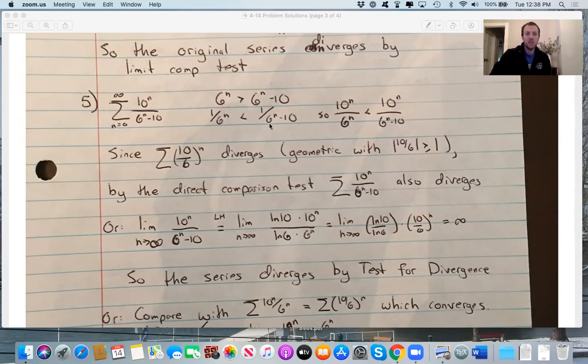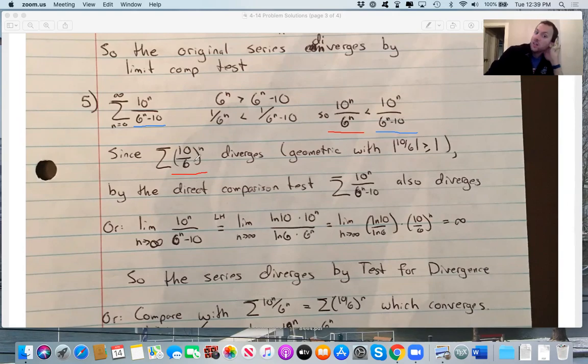And if we multiply both sides by 10 to the n, multiplying by a positive number keeps the inequality the same way. So what we really get here is that our series is right here, and we're comparing it to this series, which is easier to deal with.